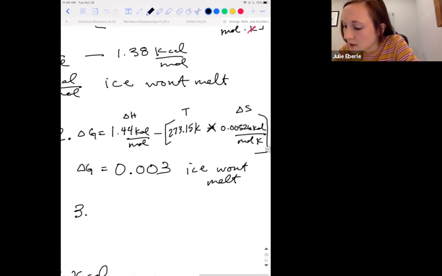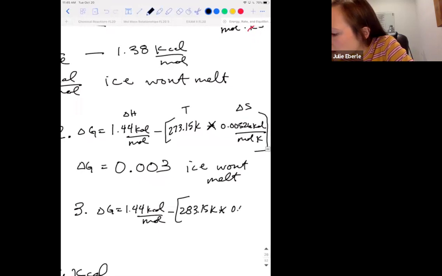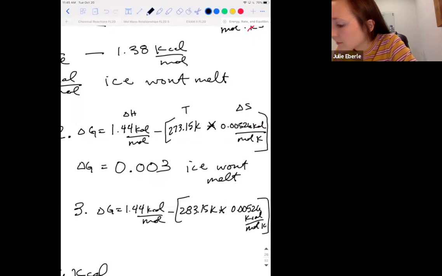same thing again. You'll do delta G equals 1.44 kcal per mole minus, this time it's 283.15 Kelvin times the 0.00526, and sorry, I'm smushing my units in, kcal per mole Kelvin. And each time Kelvin cancels out, Kelvin cancels with this one.